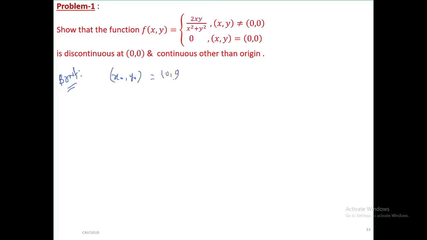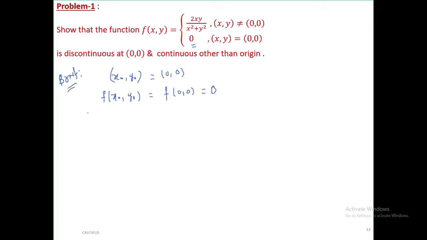Okay, let me make it very clear. So this is x naught y naught. What is f of x naught y naught now? f of x naught y naught is nothing but f of 0, 0. What is f of 0, 0? By definition, if x is 0 and y is 0, the function value is 0. This is by direct substitution. I am not finding the limit value, remember.